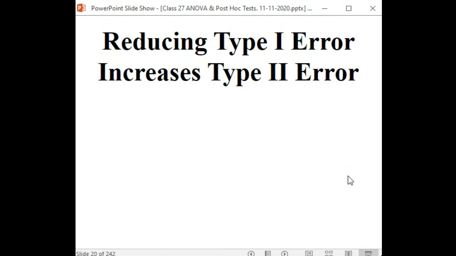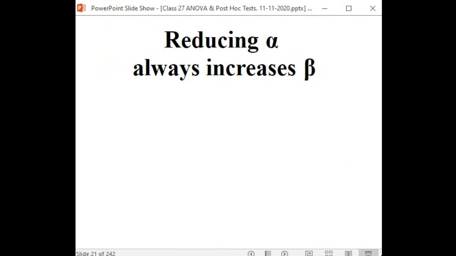Now, in the last lecture, we learned a sad truth. Reducing type 1 error increases type 2 error. Put another way, if we reduce alpha, then that always increases beta.